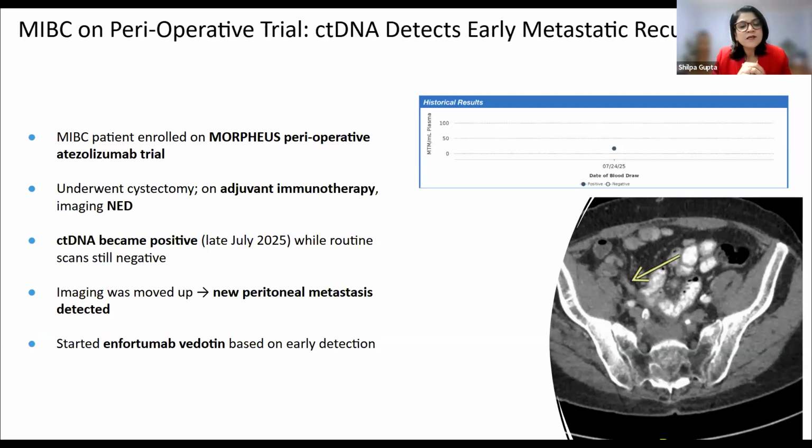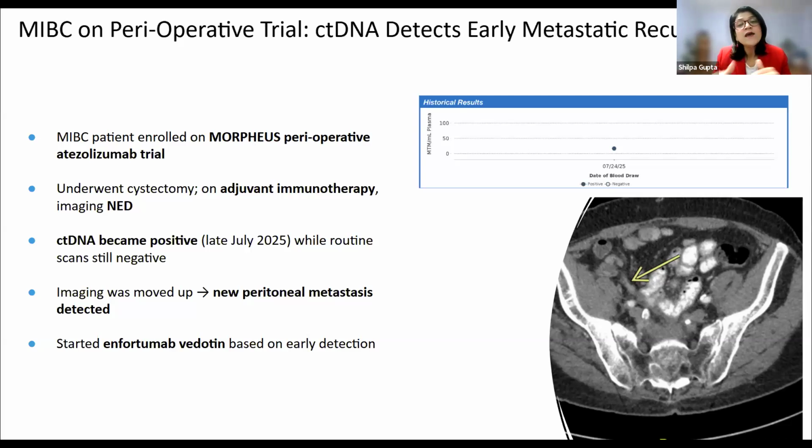And he's currently on enfortumab vedotin monotherapy because he's had immunotherapy before. So we'll obviously now have the serial ctDNA testing to see. But I thought this was an interesting case where the patient sent me a message that his test is positive, and then we moved up the scan. So this is one instance.